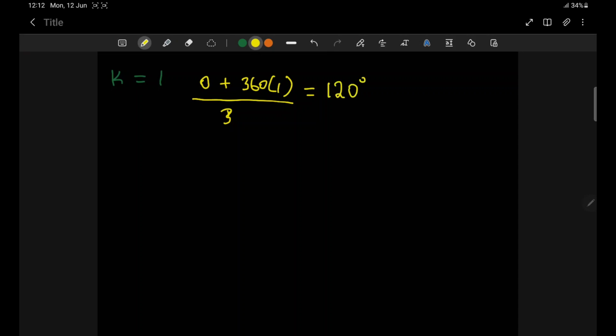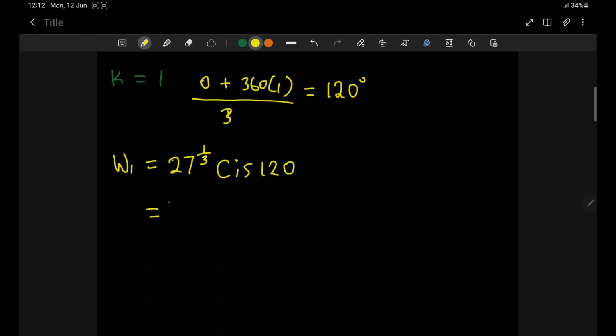So our angle is 120 degrees. Now replacing it in the whole formula, w of 1 is equal to 27 to the 1 over 3, cis of 120.